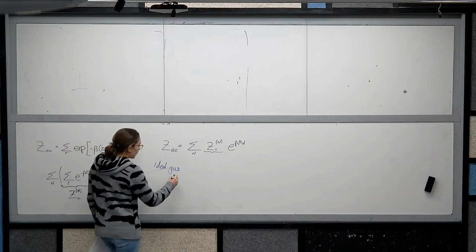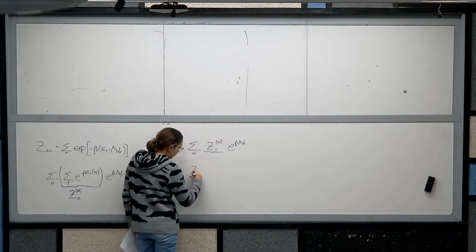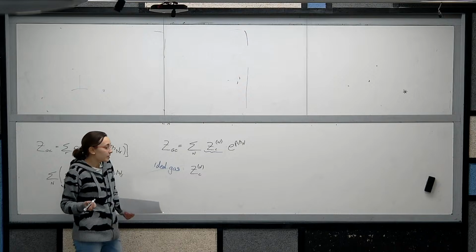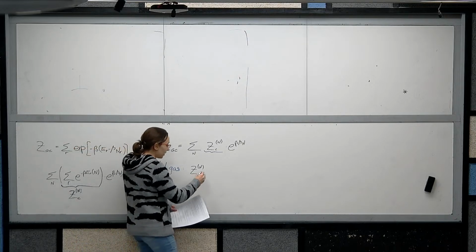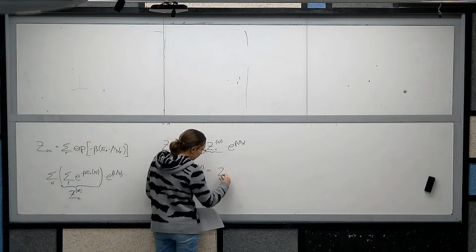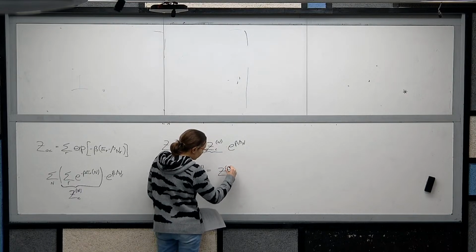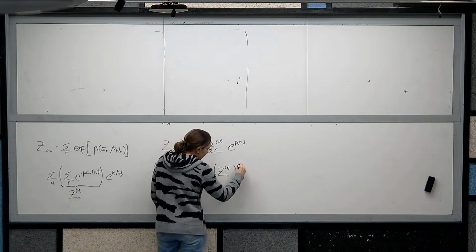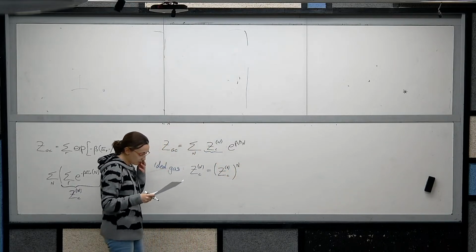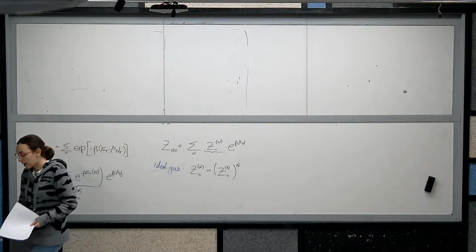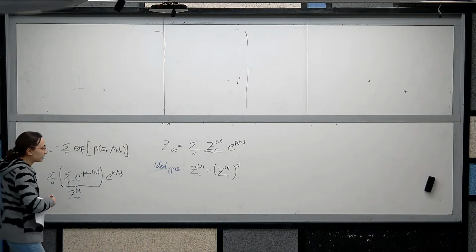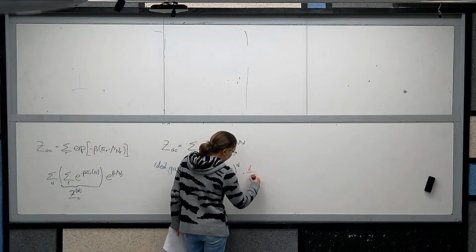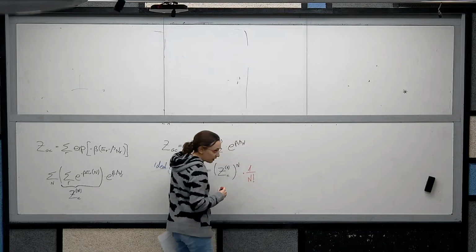So in an ideal gas, we can write that the canonical partition function for a specific number of particles n will be equal to the subsystem partition function for one particle to the power of n. And if our particles are identical, we add this division by n factorial.